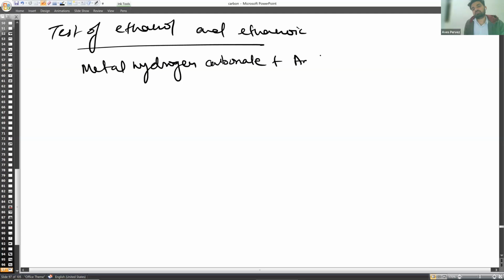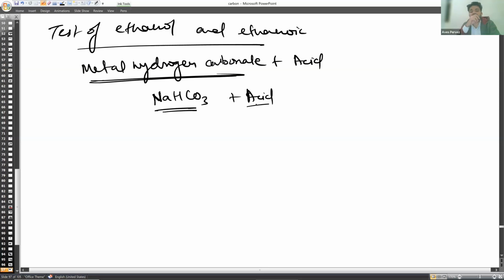Like if I'm taking baking soda, sodium hydrogen carbonate, and it reacts with acid, what will it give you? Salt plus carbon dioxide plus water. Carbon dioxide gas will be evolved.